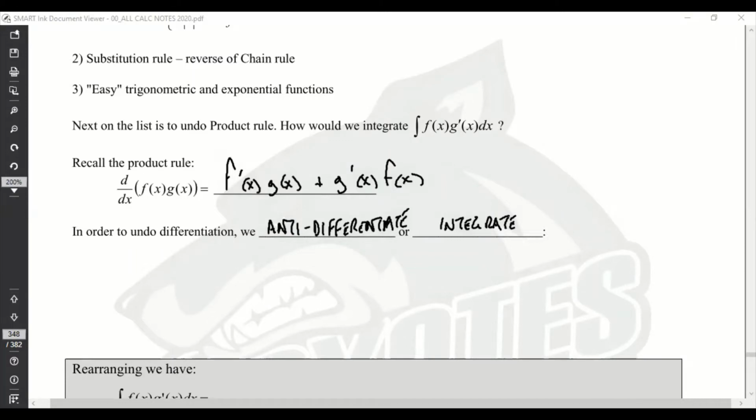If I integrate both sides of that, then the integral of d dx of f of x g of x with respect to x, so dx, is equal to the integral of the right side, so the integral of f prime of x g of x plus g prime of x f of x, and then dx on the end.